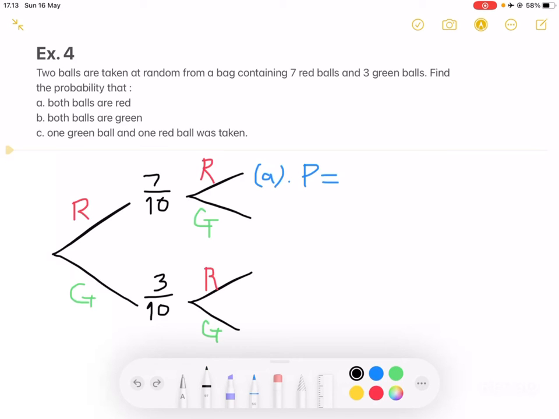That will be 7 over 10 times the probability that the second ball is red, which will be 6 over 9. Notice that since there are 7 red balls and 10 total, if one is taken, that will leave us with 6 red balls and a total of 9 balls left. So the probability changes from 7 over 10 to 6 over 9. And I'll let you compute this arithmetically.